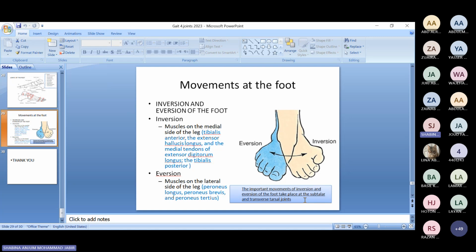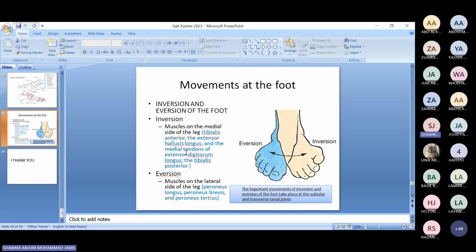But what about the muscles? What muscles can cause inversion? What muscles can cause eversion? Always remember, eversion, E, is done by the peroneus muscles, all three: peroneus brevis, longus, and tertius. Inversion is done by both the tibialis: tibialis anterior and tibialis posterior, and also extensor hallucis longus and extensor digitorum longus.